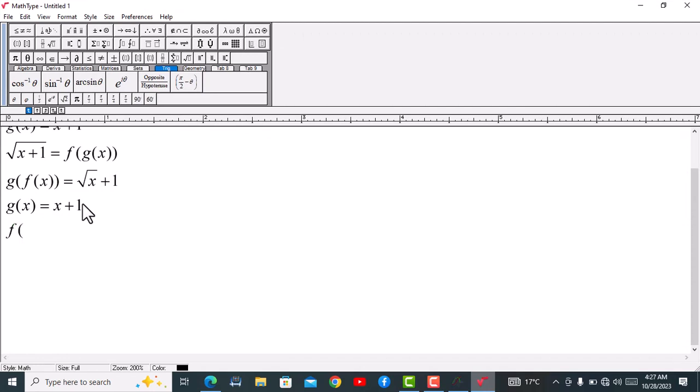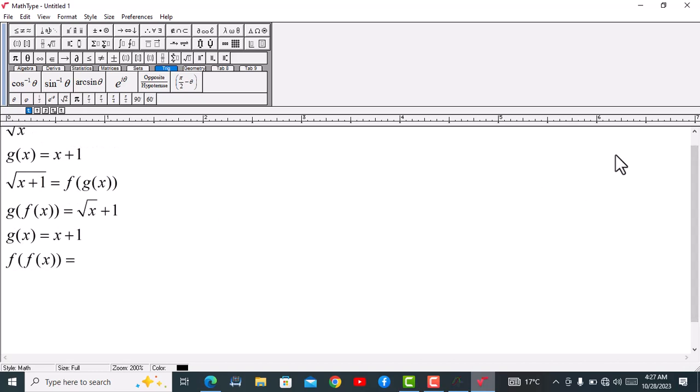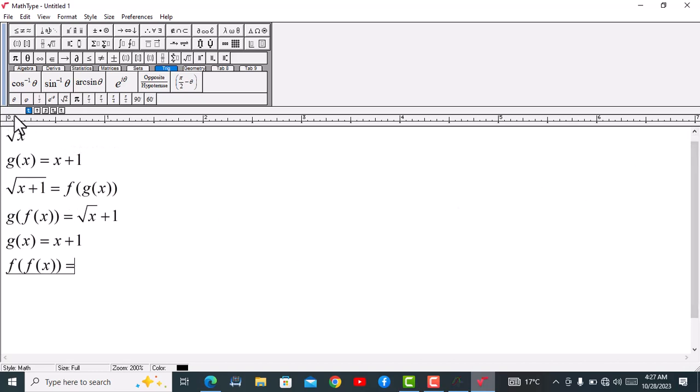We can just come here and define f inside of f at x. So we are defining f inside of f. The first thing I'm going to do is write the function f. I think f was given as the square root of x. So you will have your square root of x, which is f at x.